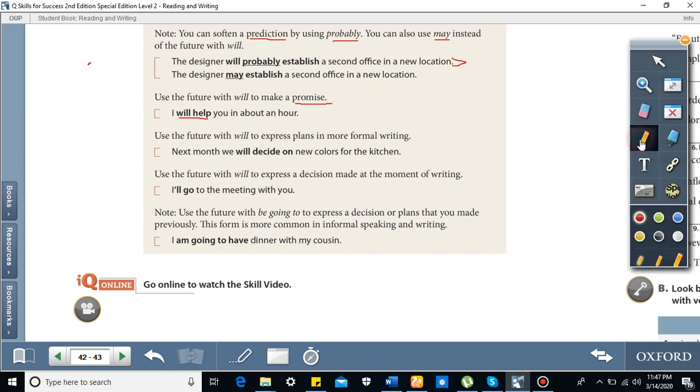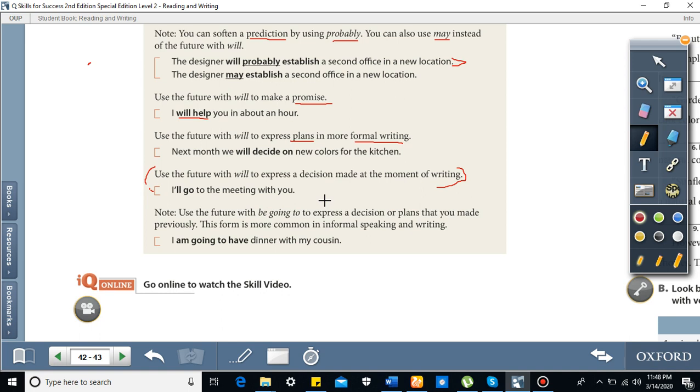You can also use will for plans, specifically in formal writing, like next month we will decide on new colors for the kitchen. So here we are using will for a plan.